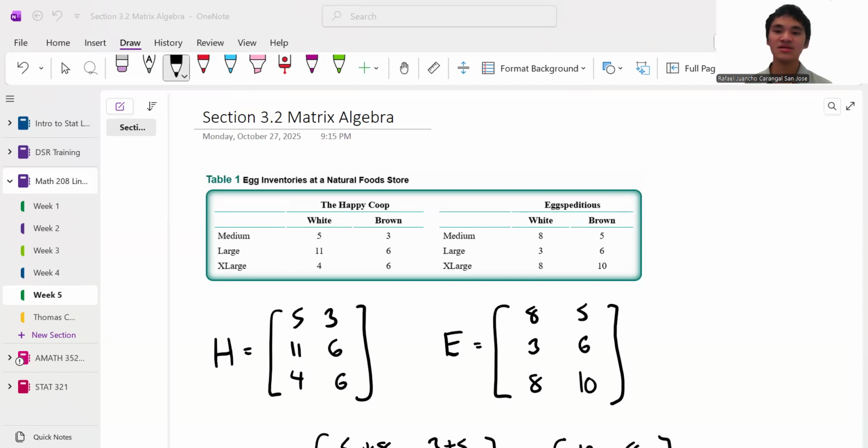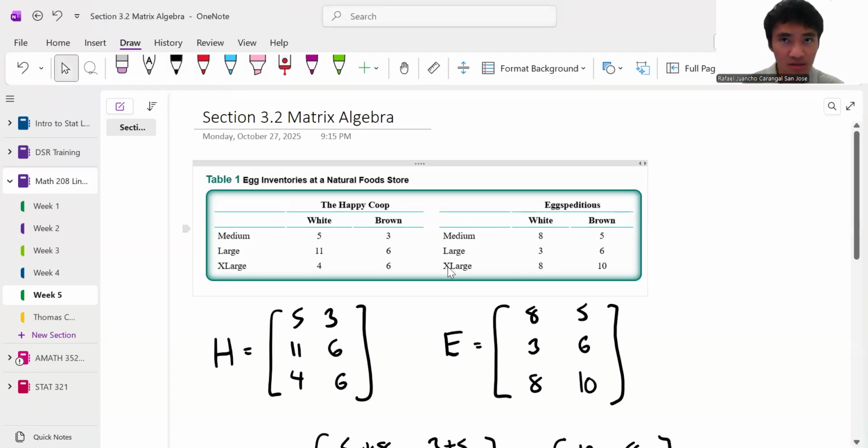To get started, let's consider a hypothetical natural food store that sells organic chicken eggs that come from two suppliers. Here we have the Happy Coo and the Expeditious, and they sell a bunch of eggs.